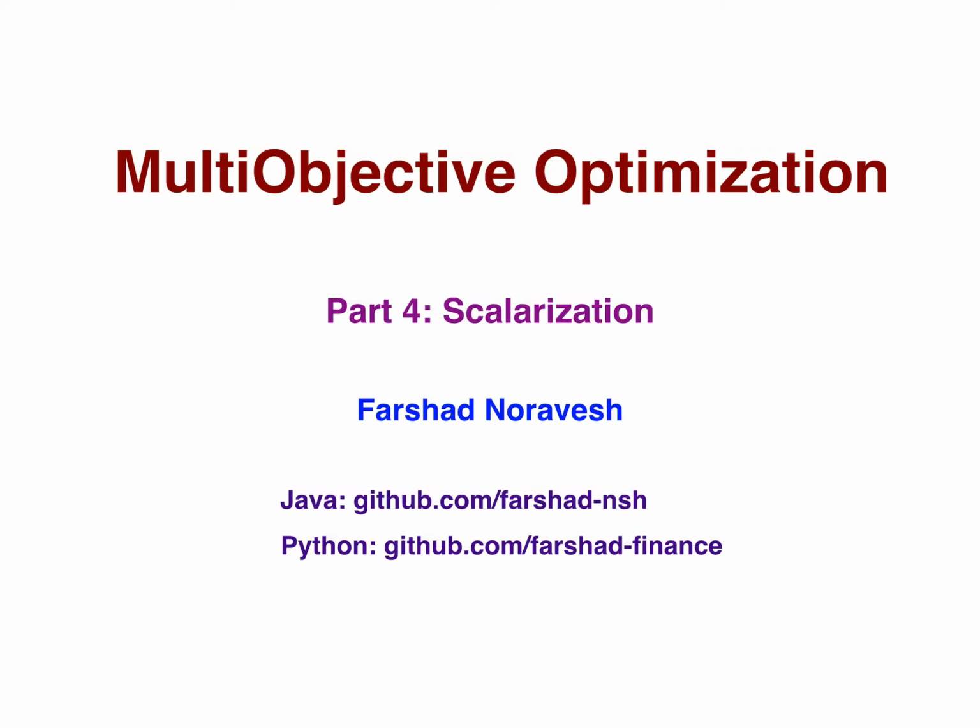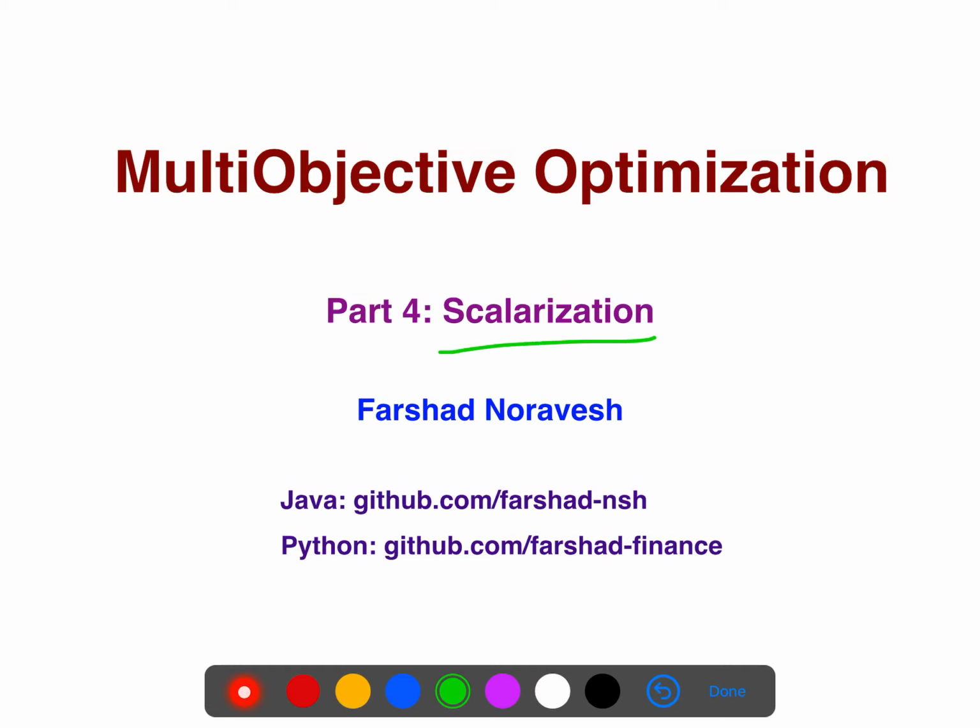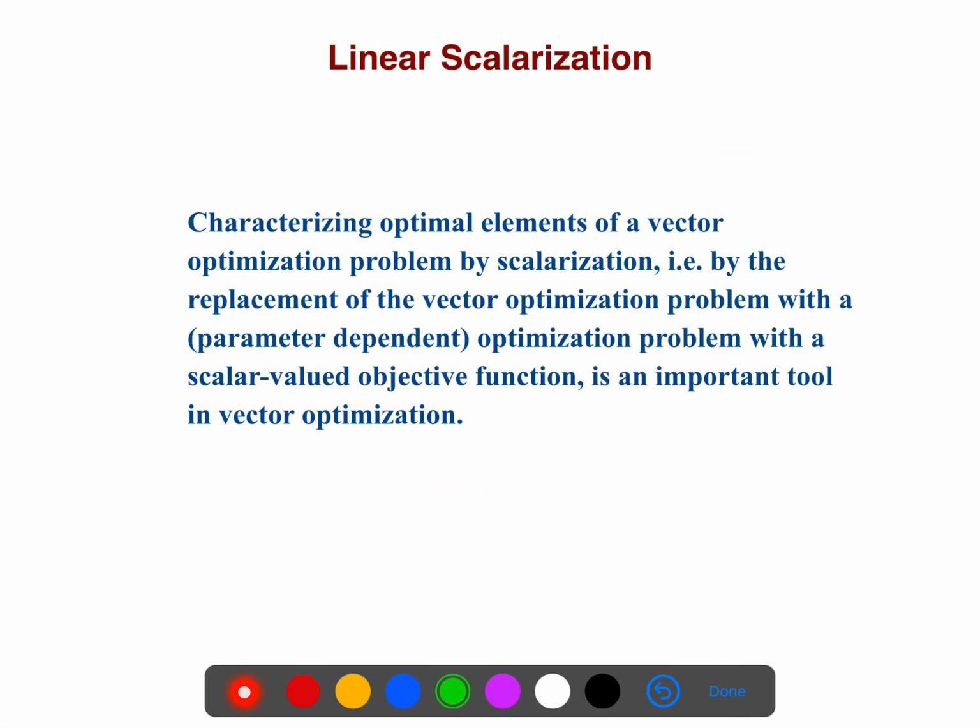All right, so we are now ready for scalarization, both linear scalarization and nonlinear scalarization. Characterizing optimal elements of vector optimization by scalarization is the replacement of vector optimization with a parameter-dependent optimization.